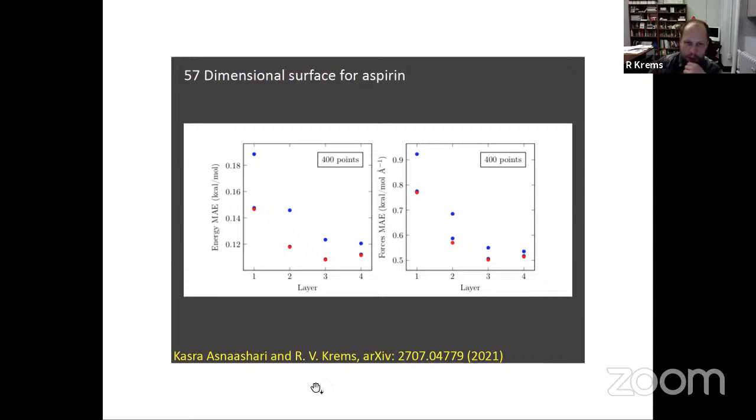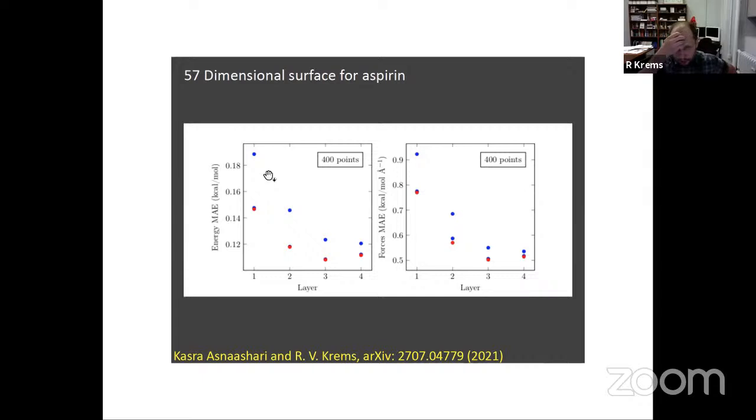So this is the model of the potential energy surface and the forces experienced by each atom in the molecule, and these models are trained by potential energy and forces, or actually by only forces, at 400 ab initio geometries. So you have a 57-dimensional configuration space.